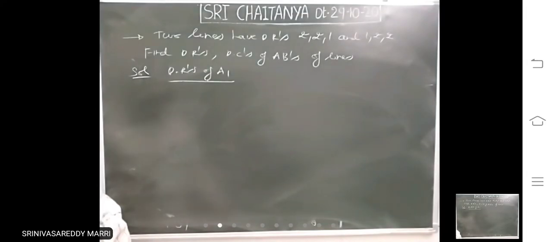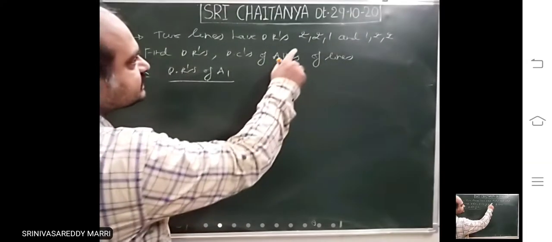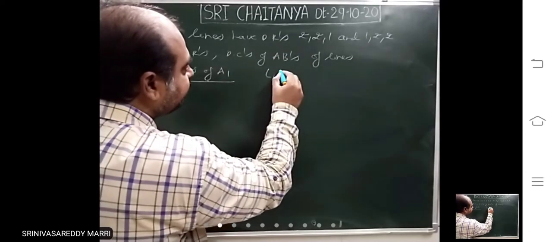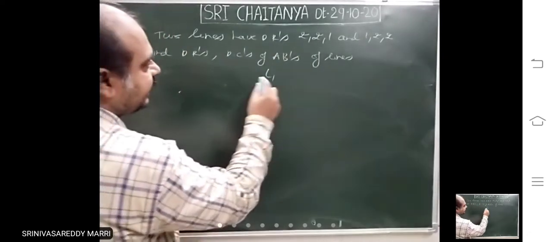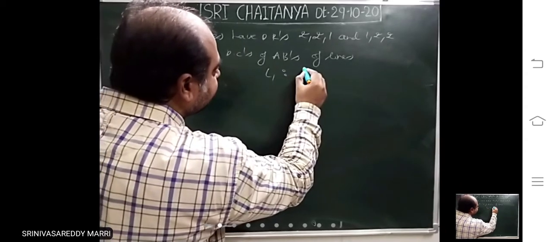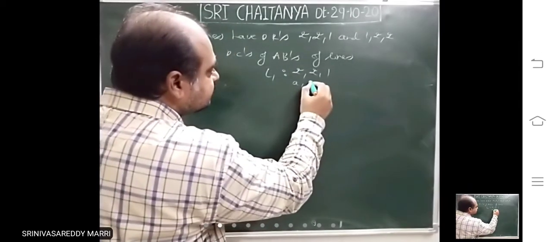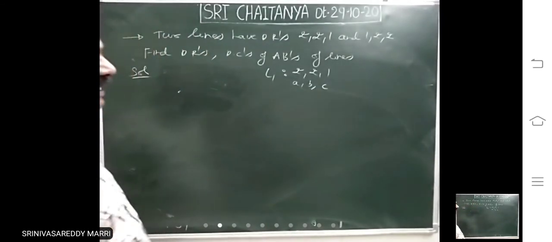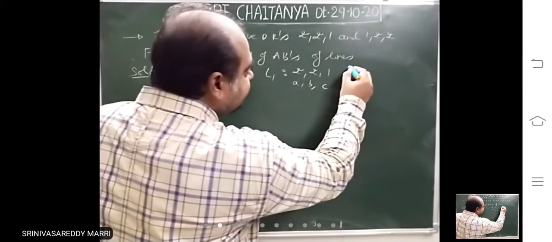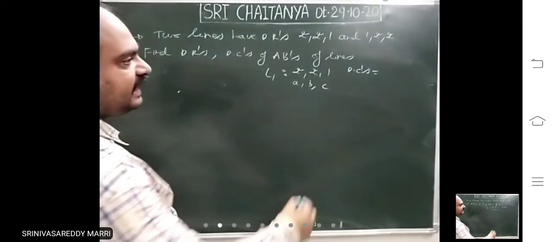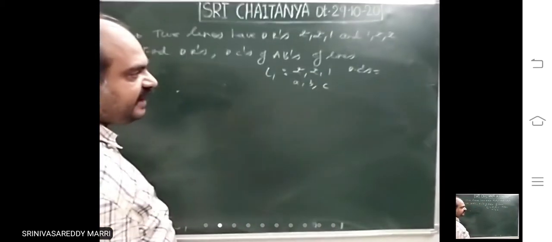First line L1 is there, with DRs 2, 2, 1. Line L1's DCs you calculate, those are required. What is the formula if A, B, C are known?